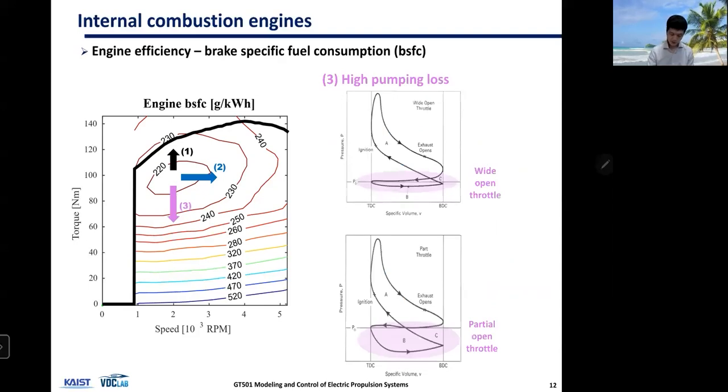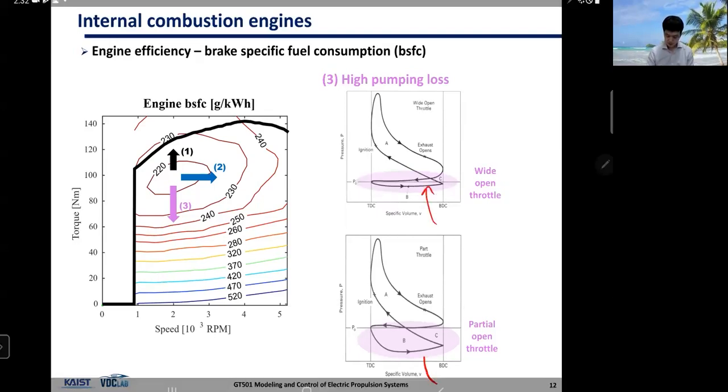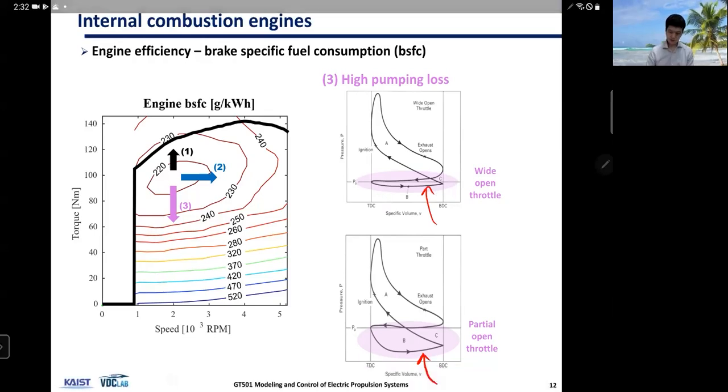And as you go towards the lower area, you get increased pumping loss. So remember, we want to reduce this. Pumping loss is negative work.